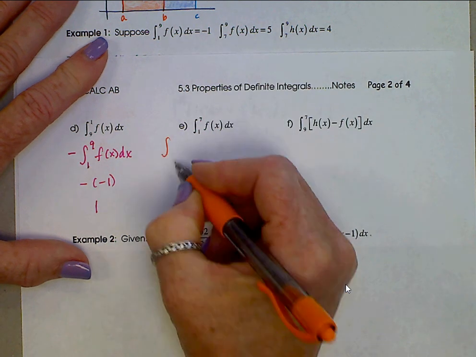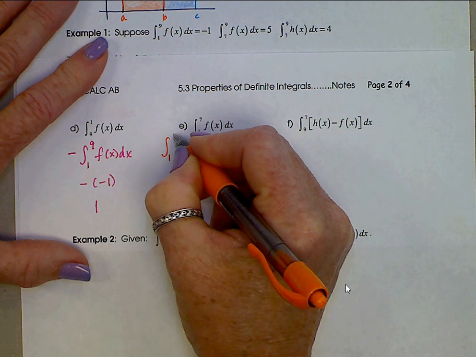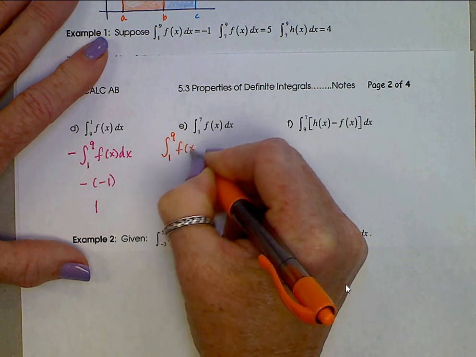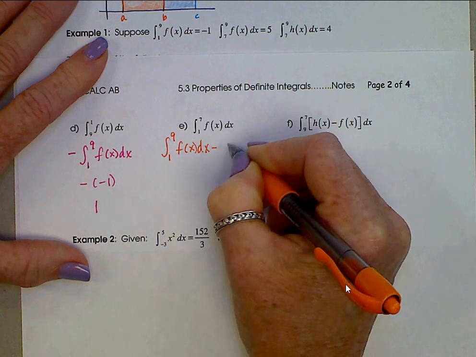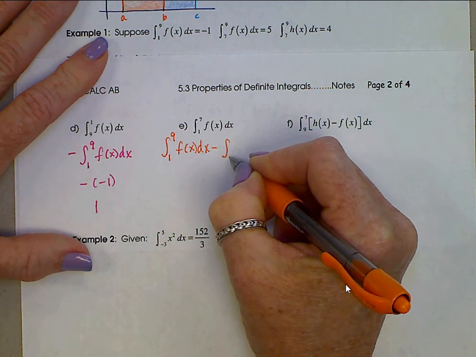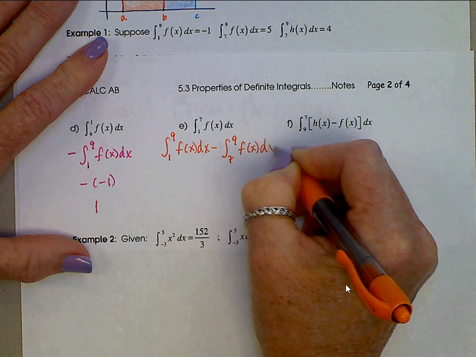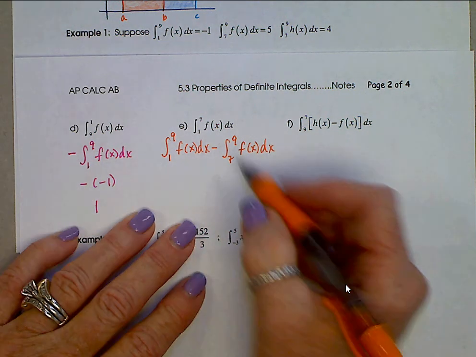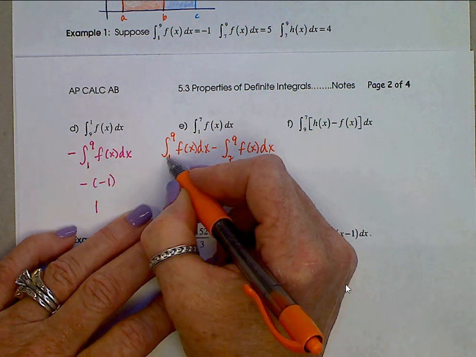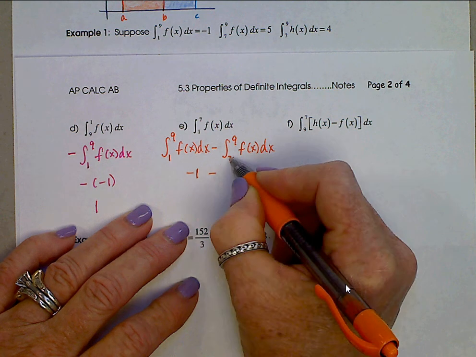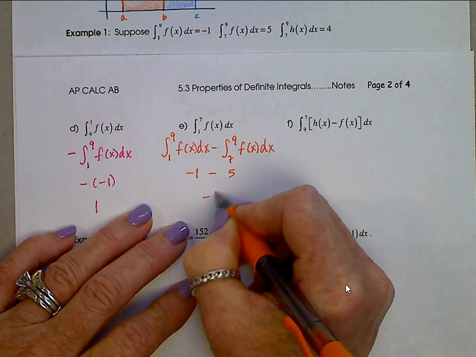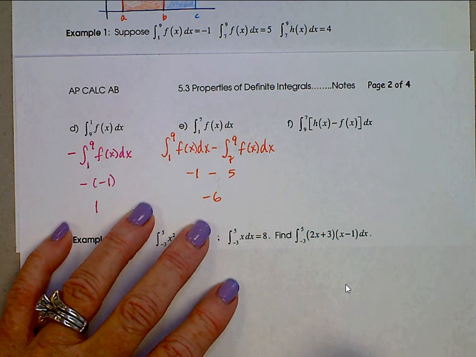So look at what this says. The area underneath f of x from 1 to 9 minus the area underneath f of x from 7 to 9. That will leave us with the area from 1 to 7. This piece was -1 minus a 5, so that answer there is -6.